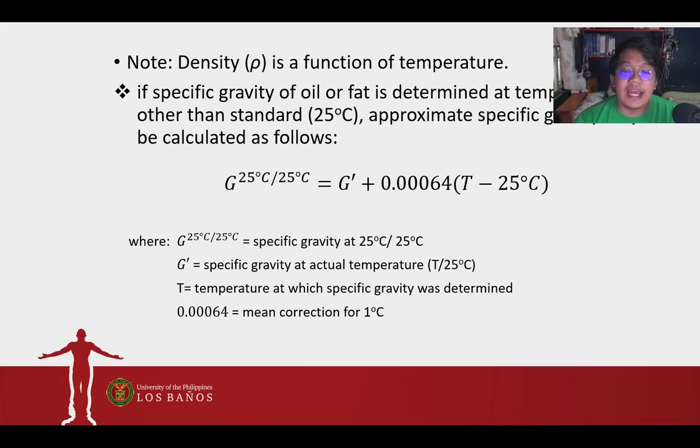Then, i-multiply natin siya dun sa temperature na ginamit natin for working temperature for the determination of specific gravity, yung G prime natin. So, if our G prime is determined at 30 degrees Celsius, so 30 ito. So, yung T natin dito ay 30 degrees. You don't need to convert it to Kelvin since ang ating other unit ay naka-degree Celsius din naman. Okay?